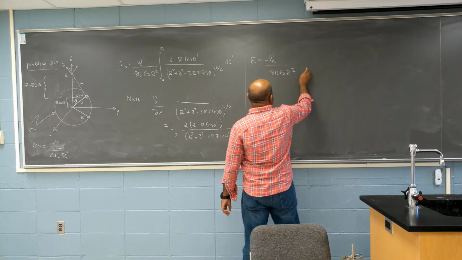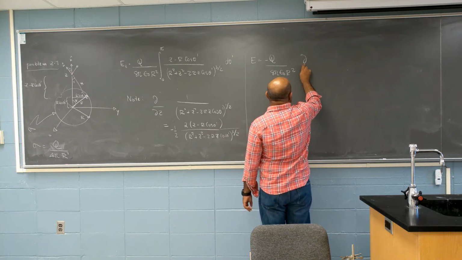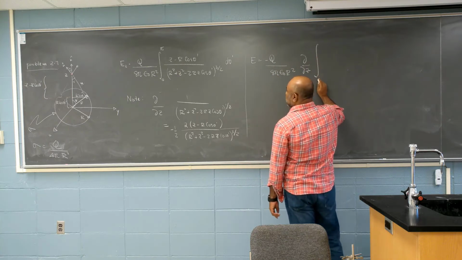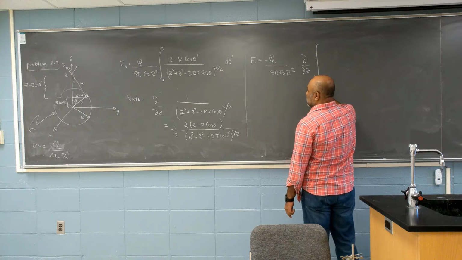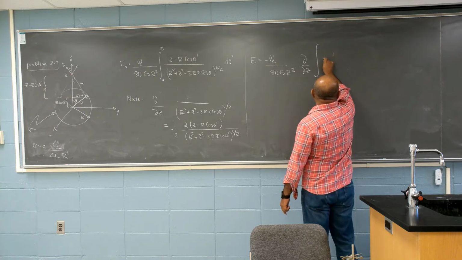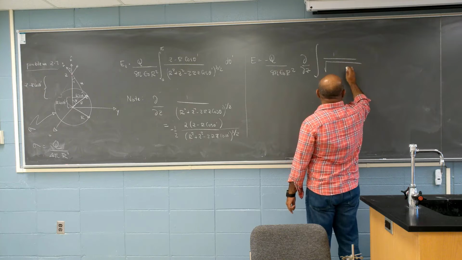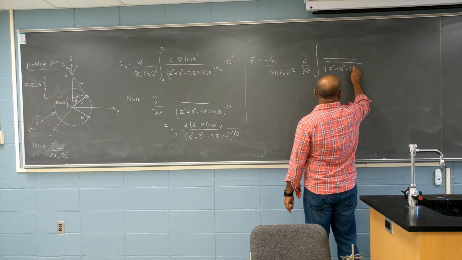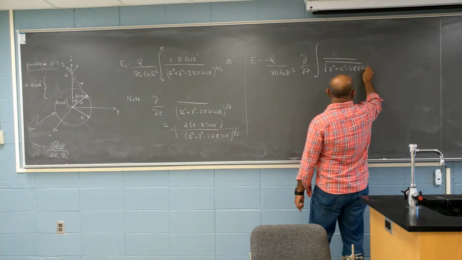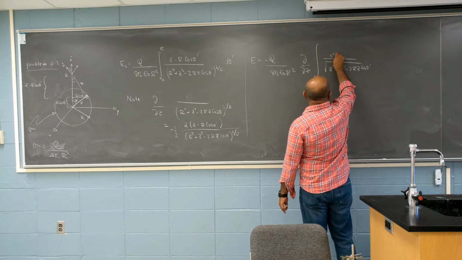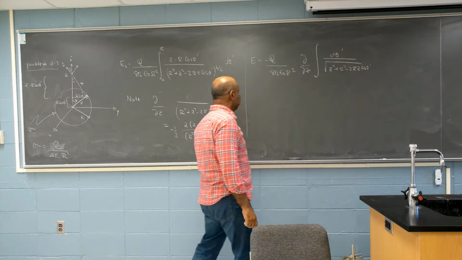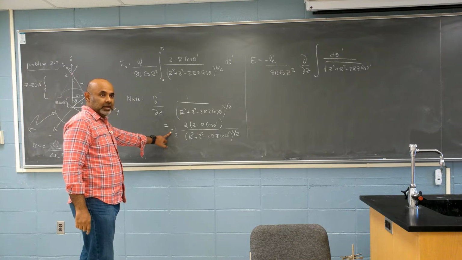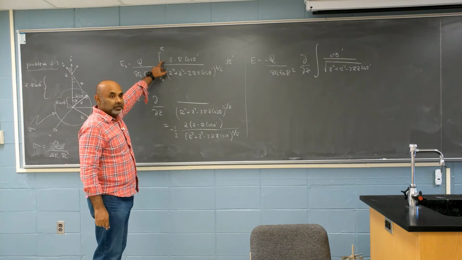I'm going to do a minus d dz. I pulled it out of the integral, and then I have 1 over square root of z squared plus r squared minus 2rz cosine theta prime d theta prime. I need a minus because of this minus to get rid of that minus. That minus is not there.